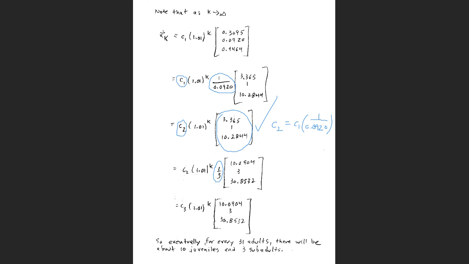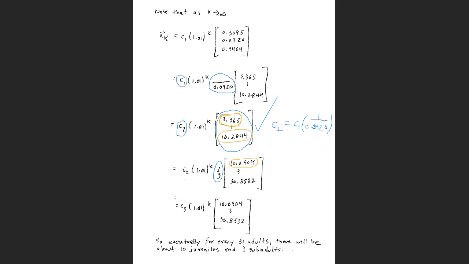I kind of like it as is, but the third entry is pretty close to 10, okay? But the first entry, 3.365, I'd like that closer to an integer. So I notice 3.365 times 3 is basically equal to 10. Well, it's 10.0904.